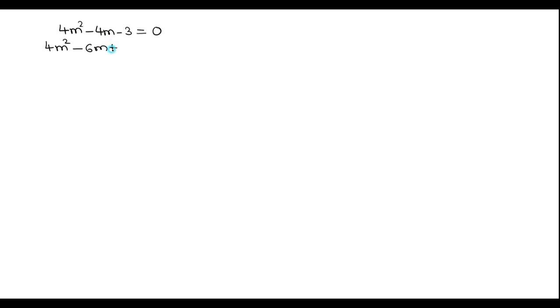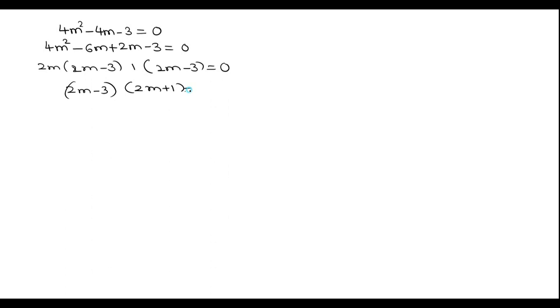So -6m + 2m - 3 = 0. 2m is common, giving 2m(2m - 3)... and 1 is common, so we have (2m - 3)(2m + 1) = 0.